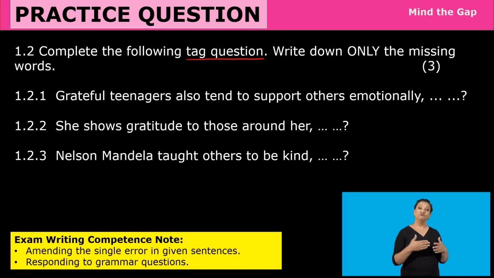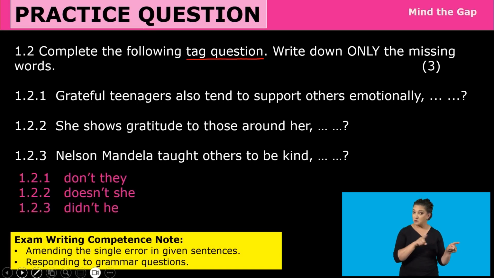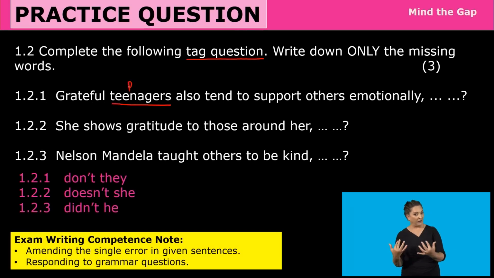So let's see. Grateful teenagers also tend to support others emotionally, and in our response we see don't they. Now please take note, can you see teenagers? This is plural, all right, and we've indicated that with the they because they is more than one, all right?